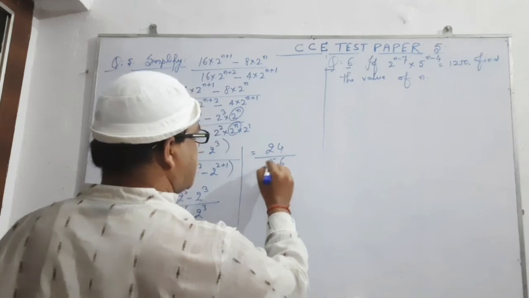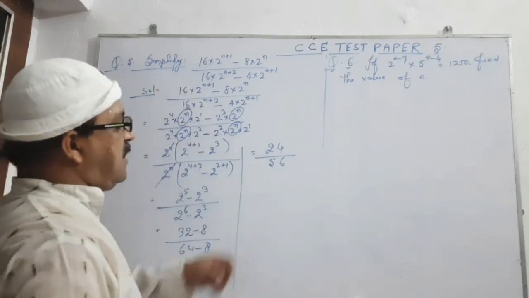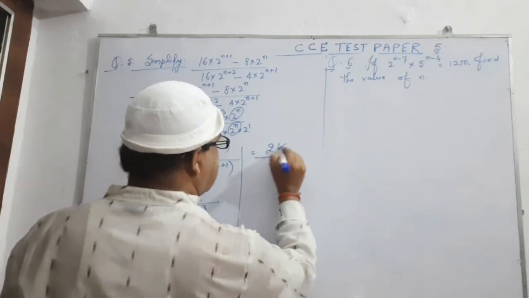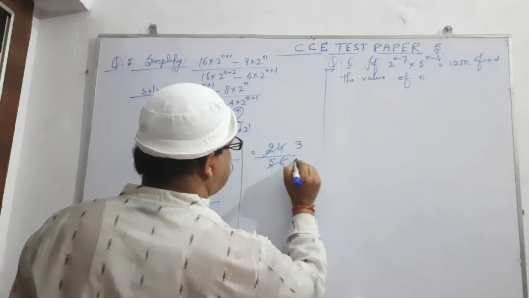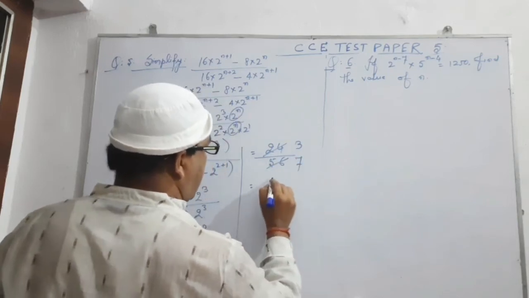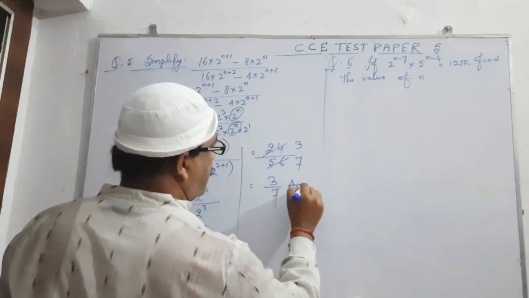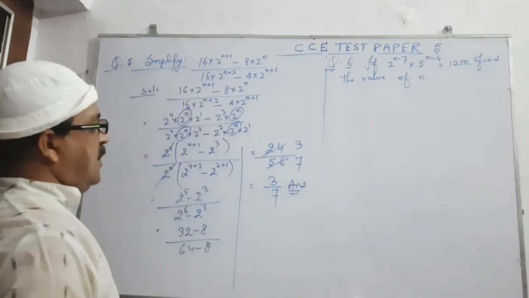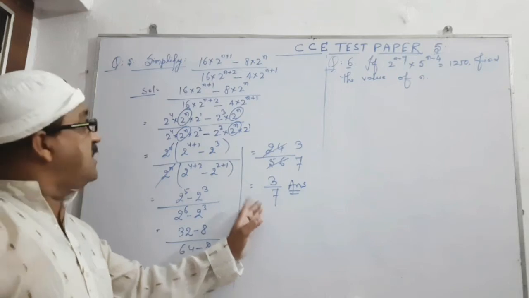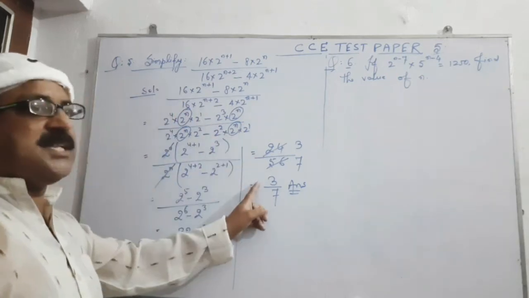Both will be divisible by 8. 8 threes are 24 and 8 sevens are 56. The answer is 3 by 7. Very simple. The simplification of this question is 3 by 7.